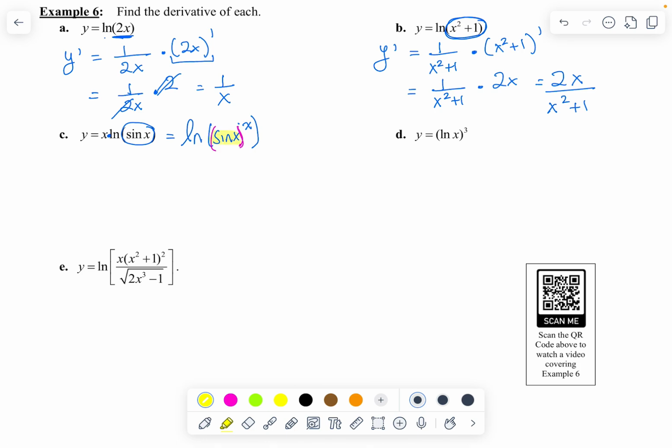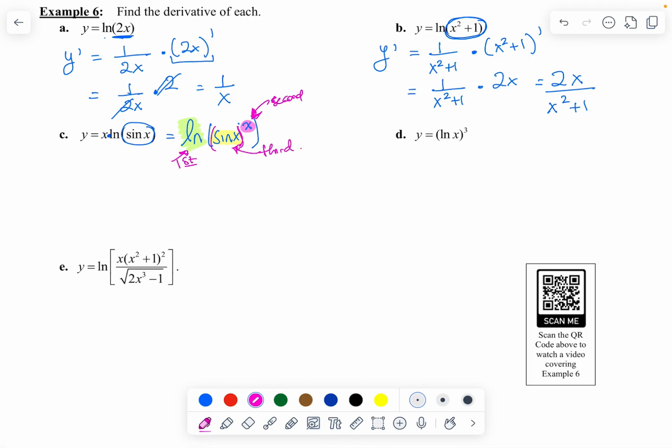And then whatever that answer is, that guy gets raised to that x, right? I'm following PEMDAS. So we start here, raised to x, and then the last part is taking that ln. So when you are applying the chain rule, you're going to derive this first, this part second, and the sine of x all the way on the inside right here is going to be third.